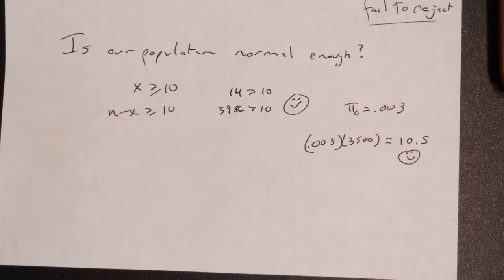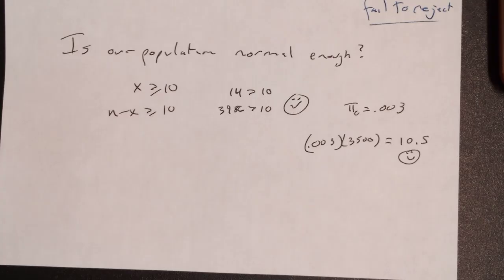If I can't prove normal, or if my sample sizes are way too small, then I need to not use a normal distribution. That means instead of doing a normal distribution, I'm going to have to do a binomial distribution.